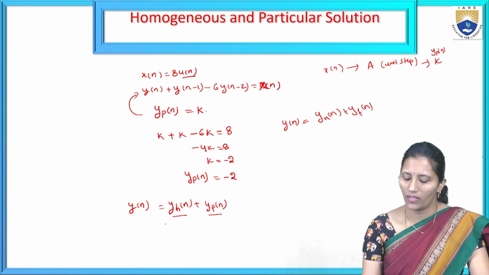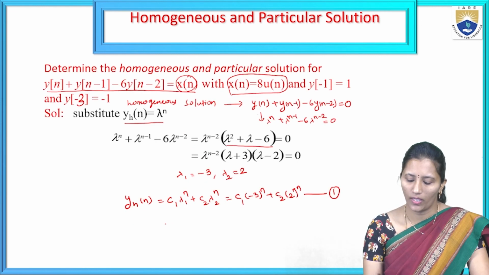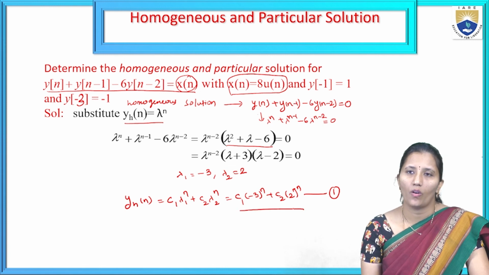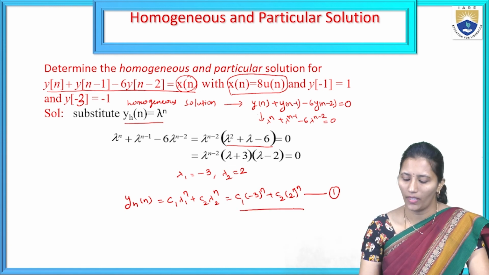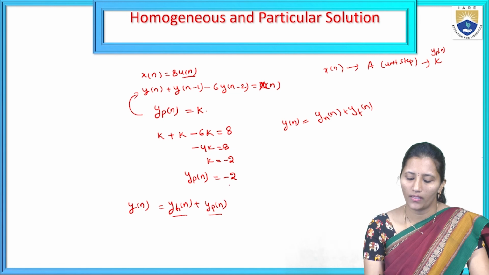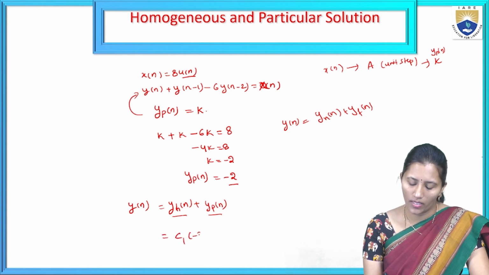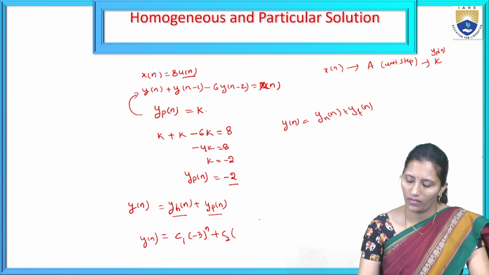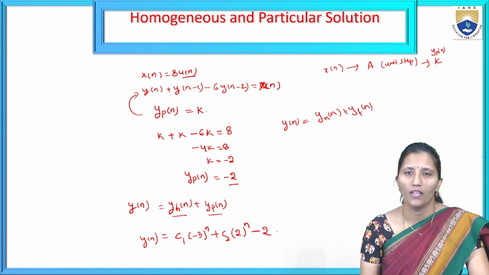The homogeneous solution is C1 (minus 3) power n plus C2 2 power n, whereas yp of n is equal to minus 2. So we write C1 (minus 3) whole power n plus C2 2 power n, plus the particular solution, minus 2.